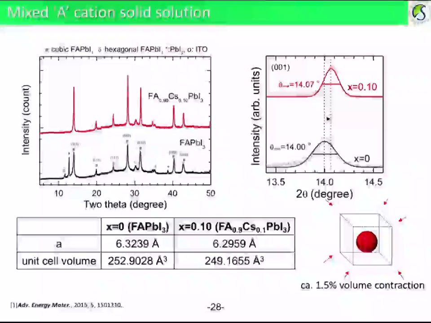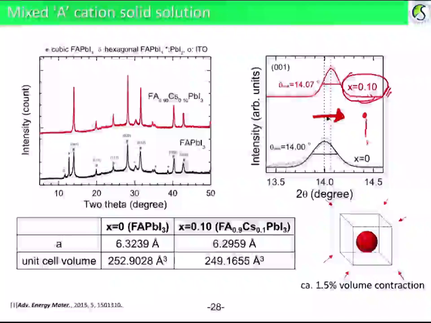So in fact, if we incorporate a small amount, 10% of the cesium, you can see that the peak in the X-ray diffraction pattern shifts towards the higher angle, which means that the lattice constant should decrease.